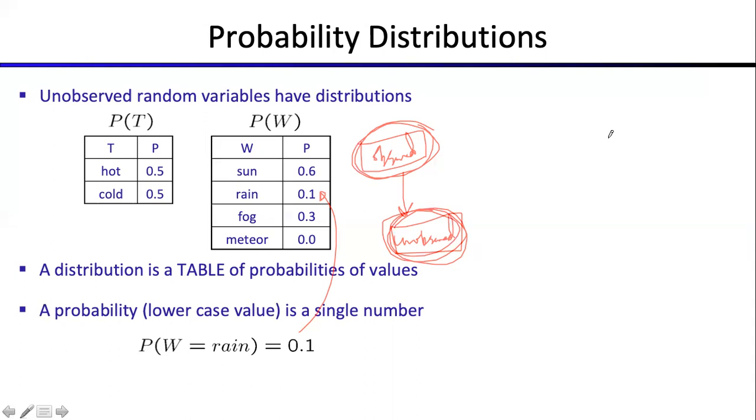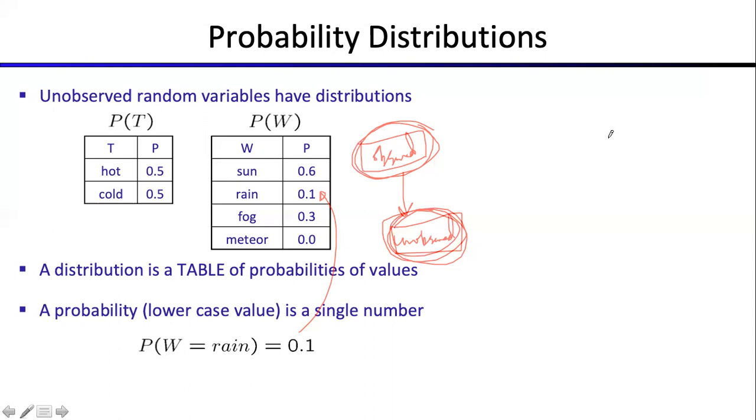They have some values, and all possible values would have some probability of occurrence. That probability of occurrence of every value associated with the variable would give you a probability distribution, because there are multiple possible values associated with the variable, and we call that variable a random variable.